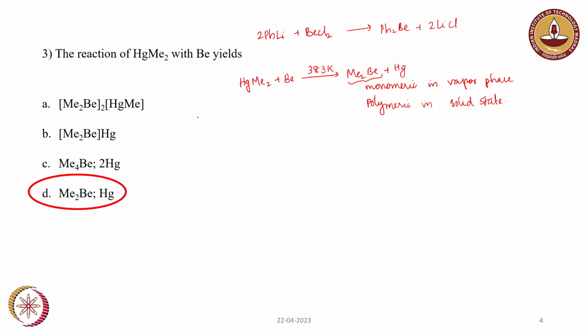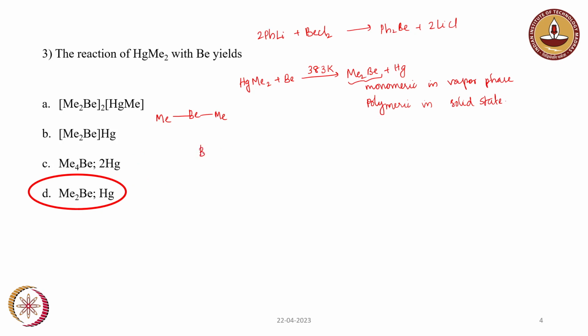So the linear form is similar to BeCl2, but in the solid state it is polymeric. So beryllium becomes sp3 hybridized and forms a 3-center 2-electron bond with methyl bridges.